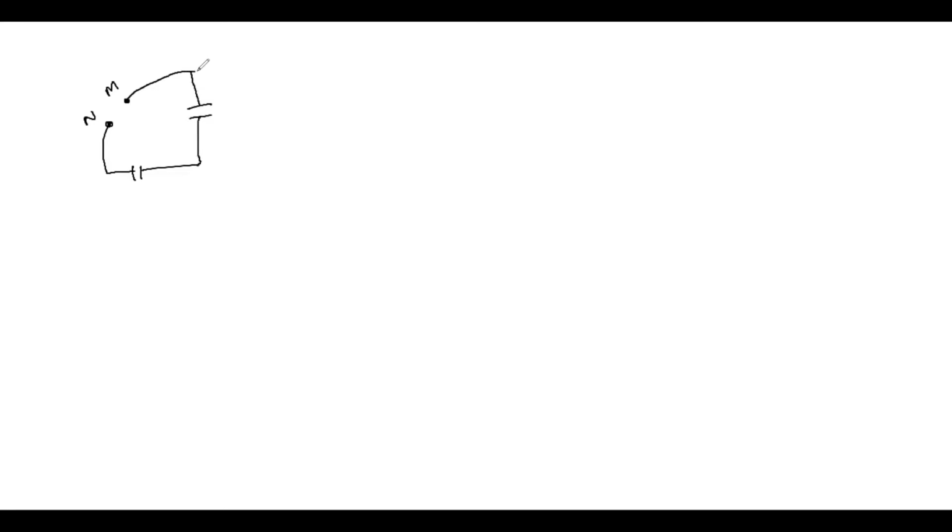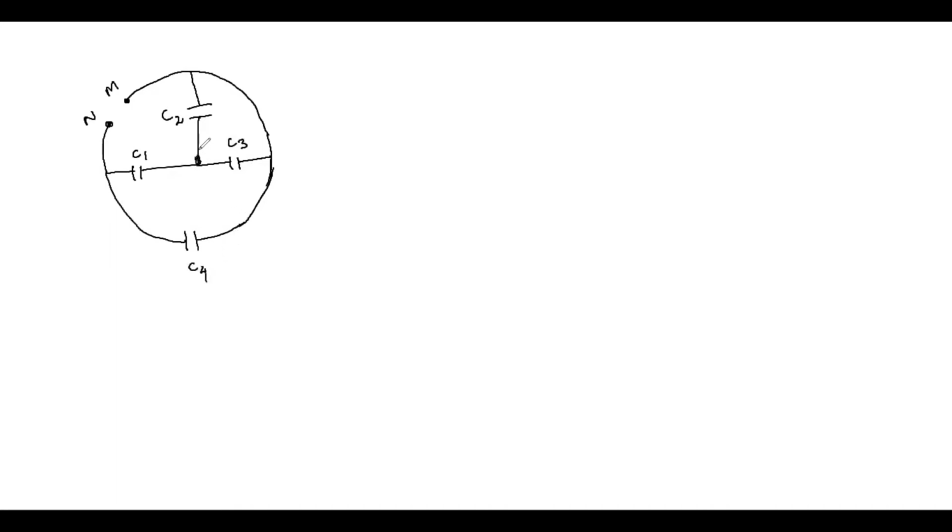And on this end, another capacitor is connected, and on this end, a fourth capacitor is connected. So this is another circuit diagram. Let's say that this is C1, this is C2, this is C3, and this is C4.